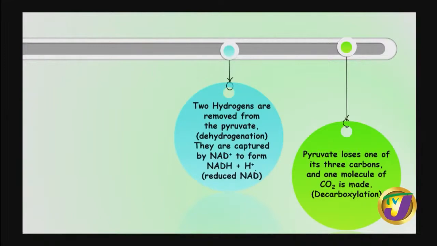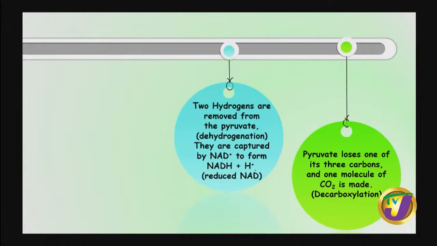Then, on top of that, 2 hydrogens are going to be removed from the pyruvate as well. Because you're removing hydrogen, it's called dehydrogenation. But in a strict sense, what happens is that these hydrogens are going to be picked up or captured by the oxidized form of NAD+. And then when it's attached, it is called reduced NAD.